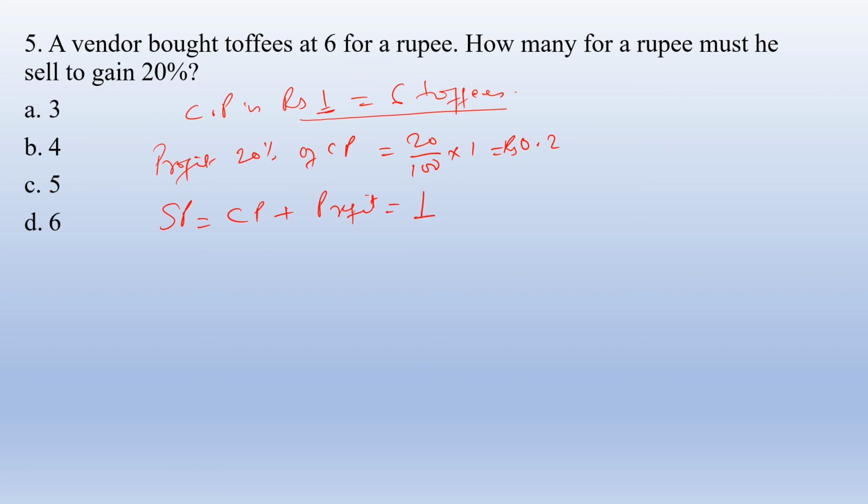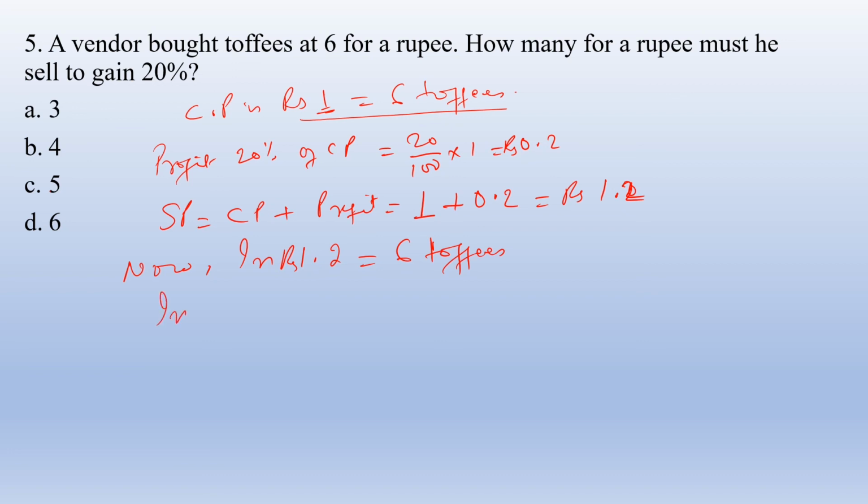Cost price is 1 rupee and the profit he made is 0.2, which is equal to 1.2 rupee. So now in 1.2 rupee he sold 6 toffees to make a profit of 20%.